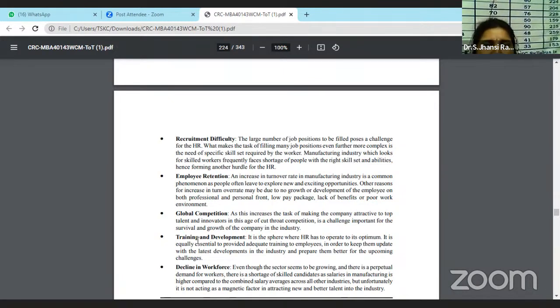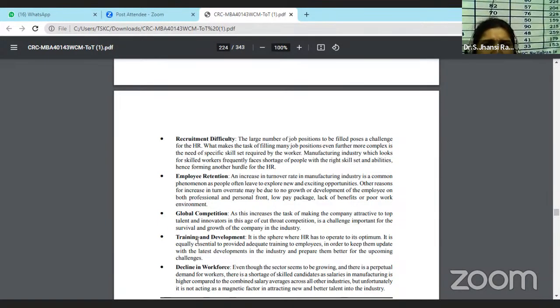As we know, the 21st century is having more and more opportunities, and we are exploring new things. So there may be any reason for turnover of employees. There is more and more increase in the turnover of employees, and organizations are unable to retain them.